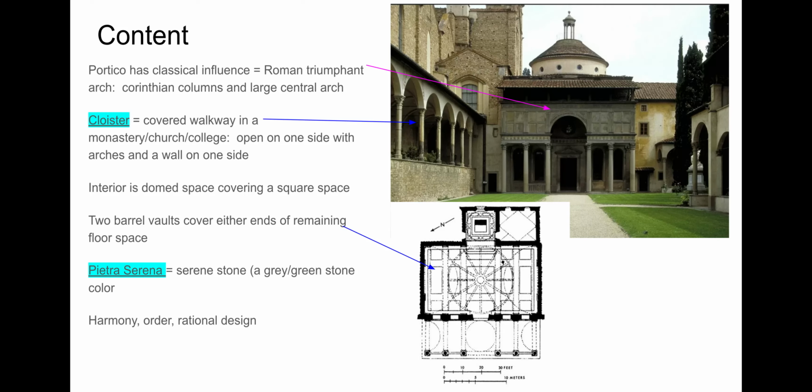It's always commented that this particular portico looks a lot like a Roman triumphal arch. We talked about that when we talked about the Forum of Trajan. So that's what I wanted you to look at first and foremost.